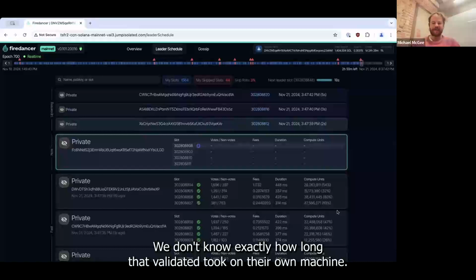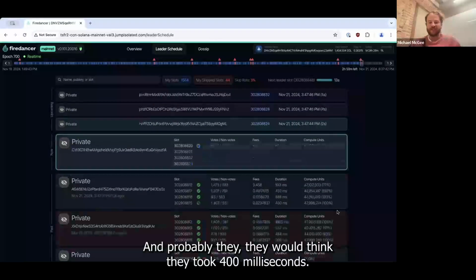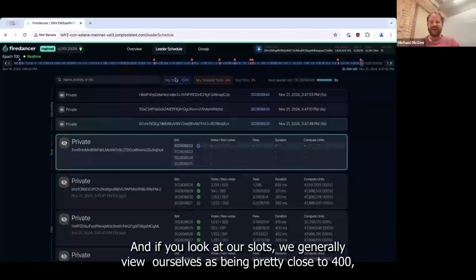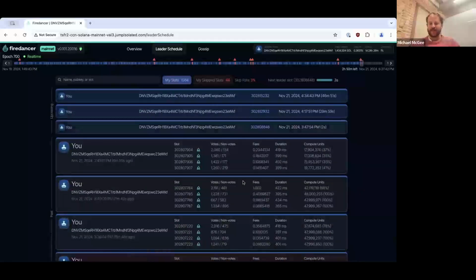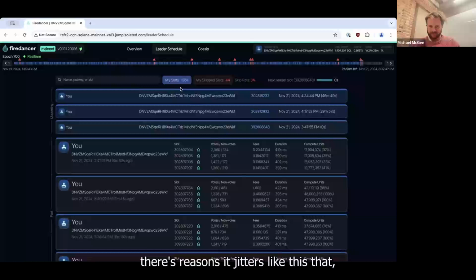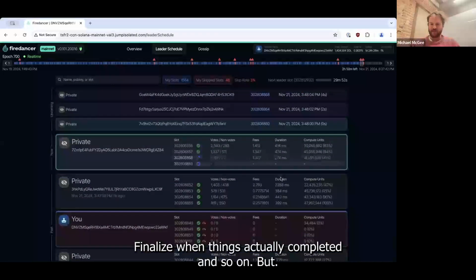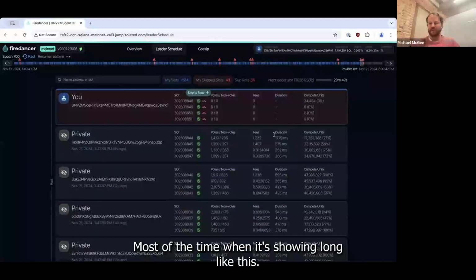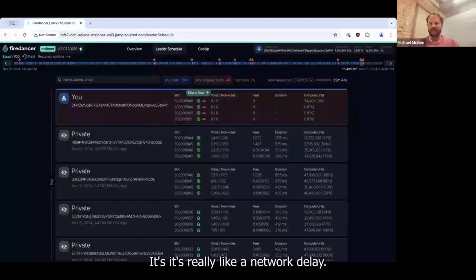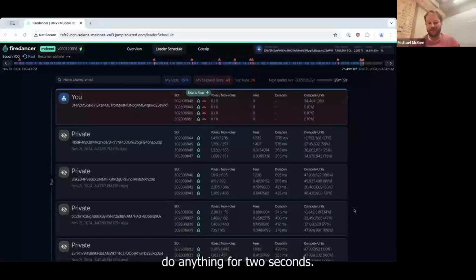We don't know exactly how long that validator took on their own machine, and they would probably think they took 400 milliseconds in almost all cases. If you look at our slots, we generally view ourselves as being pretty close to 400. There are reasons it jitters like this, generally to do with how we finalize when things are actually completed. The other validators are going to be somewhat similar. Most of the time when it's showing long like this, it's really a network delay. It's not that the leader didn't do anything for 2 seconds.